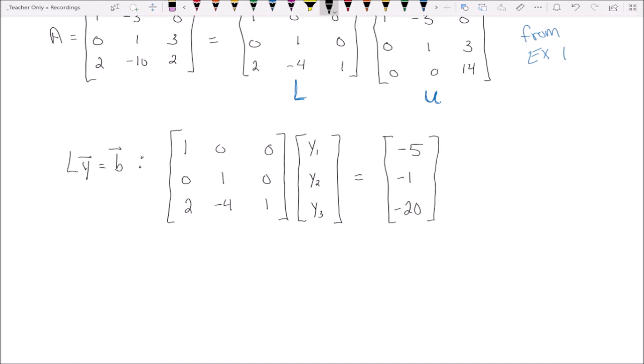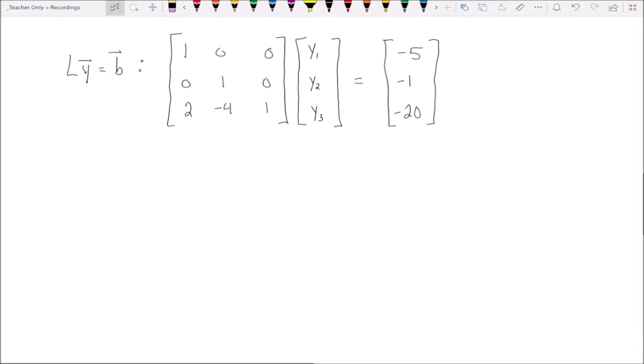Right, so this will give us a system of 3 equations. Interpreting it, first equation will be y1 is equal to -5. Then we have y2 is equal to -1. Then 2y1 minus 4y2 plus y3 is equal to -20.